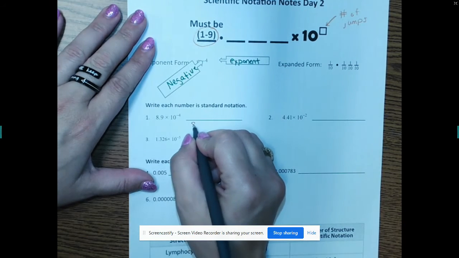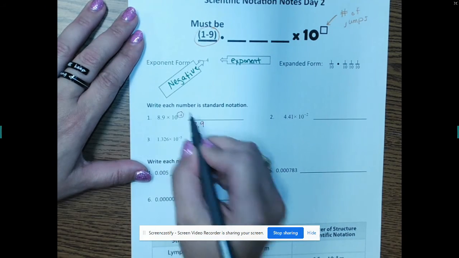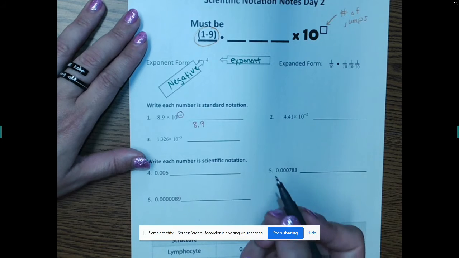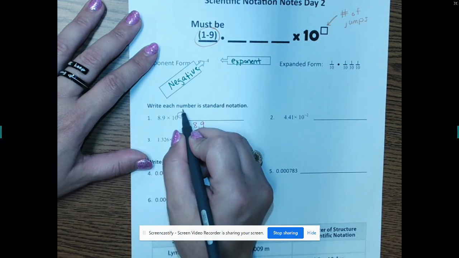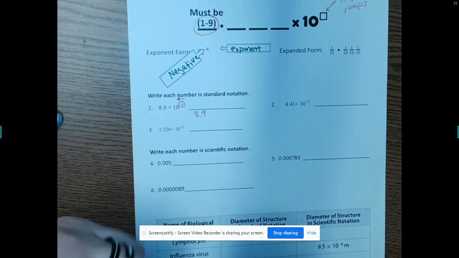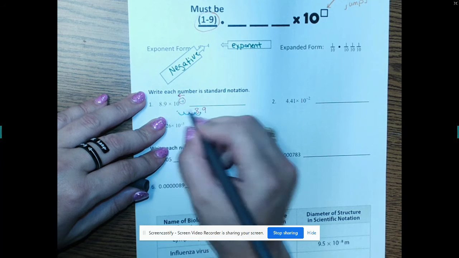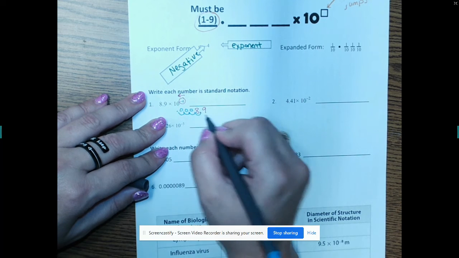So 8.9, I have a decimal. What does the 4 tell me? That it's 4 spaces. What does the negative sign tell me? To the left. So now I'm going to go to the left. 1, 2, 3, 4.